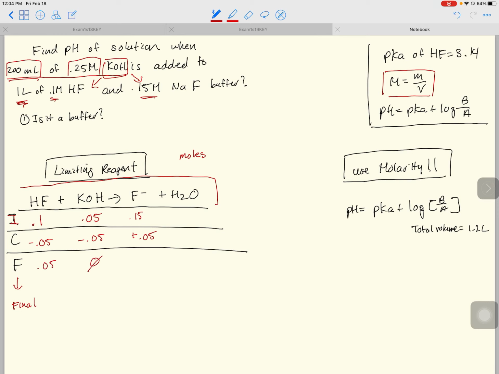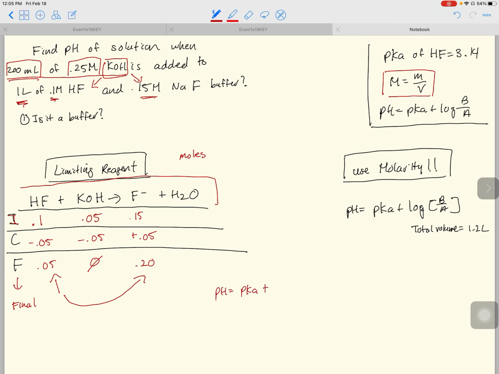All the KOH is gone, and then we have 0.2 of F minus. And now that we know the final amounts, we've got to ask ourselves, do we have a buffer? And yes, we do. Why? Because we have a weak acid and its weak conjugate base, and the ratio of base to acid is still less than 10.